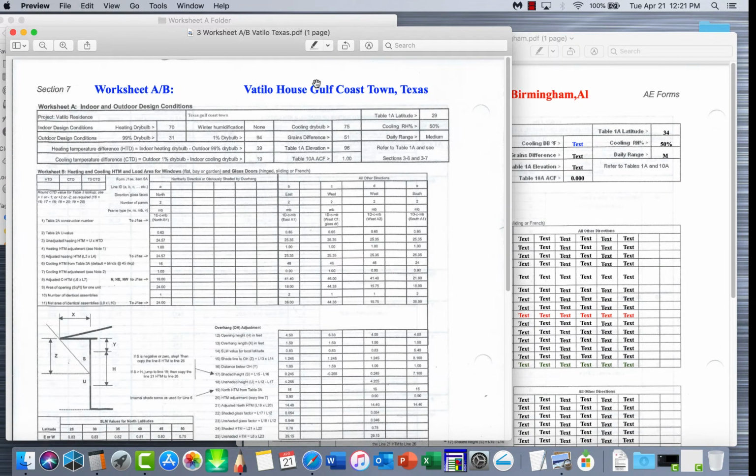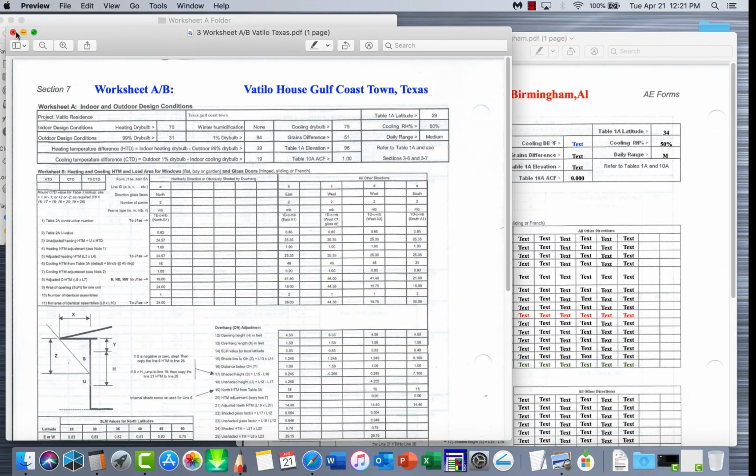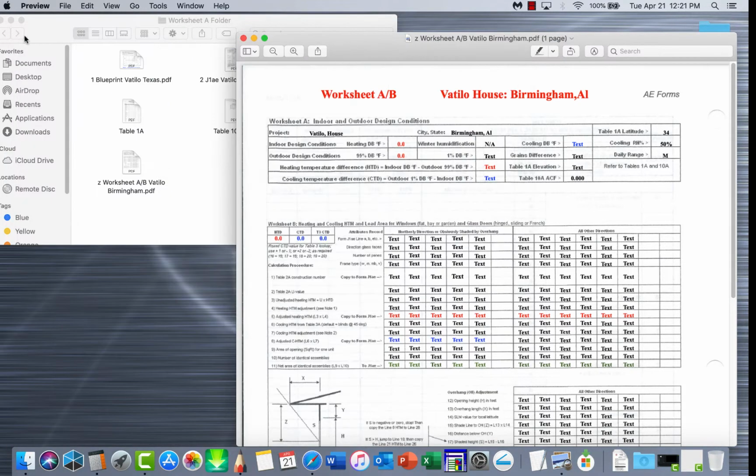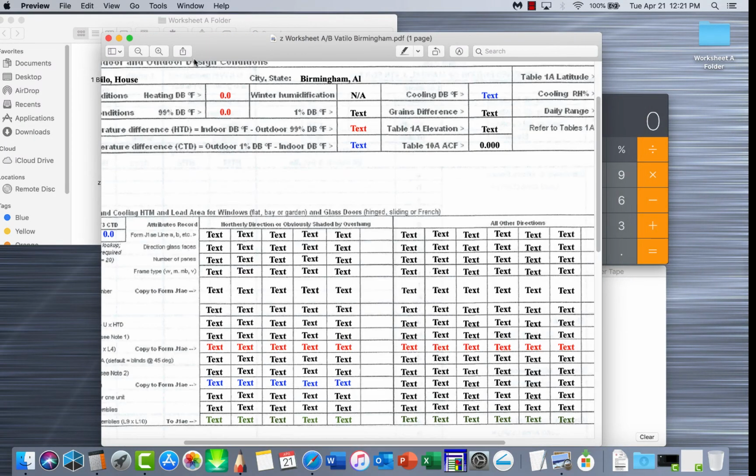The blue would represent where it's originally located in Gulf Coast Town, Texas, and of course we'll be doing Birmingham, Alabama. So we're just going to get rid of this one for right now and focus on this one, and I'm going to zoom in a little bit so we can see it better.